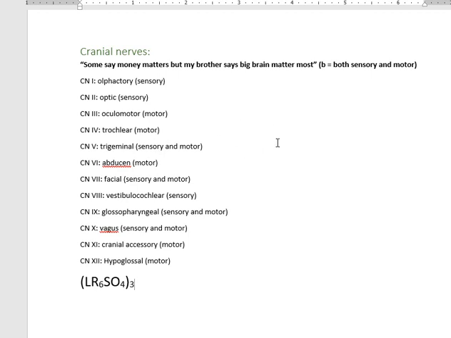From the eye to the upper portion of the mouth will be the maxillary part, and below the lower lip it will be the mandibular part. So these are the three main parts which are involved with sensory of the trigeminal nerve.